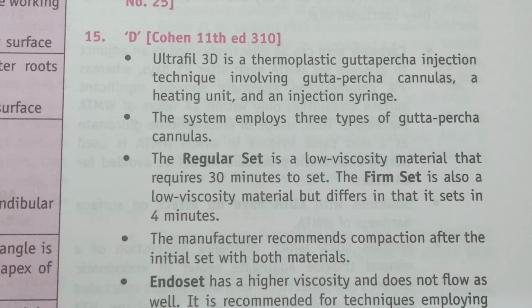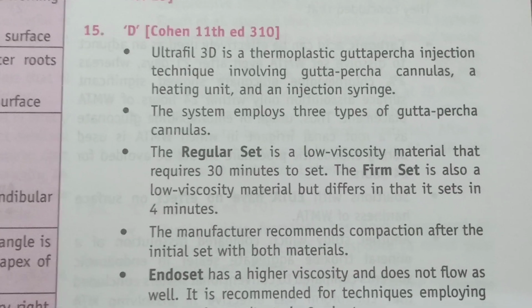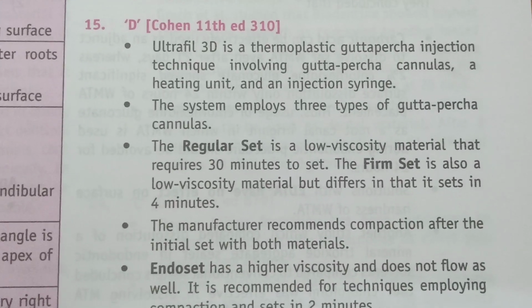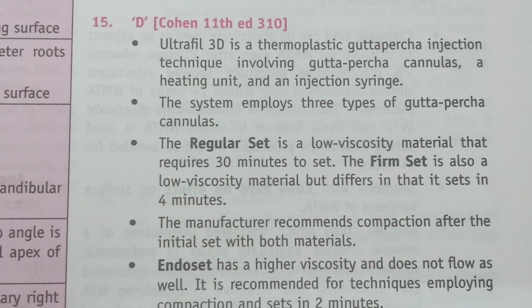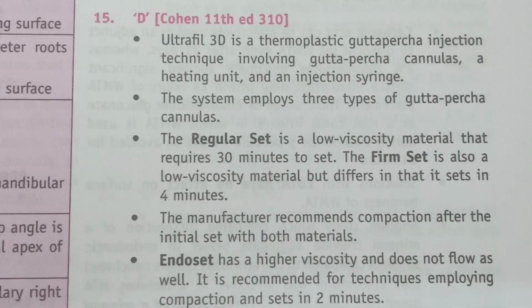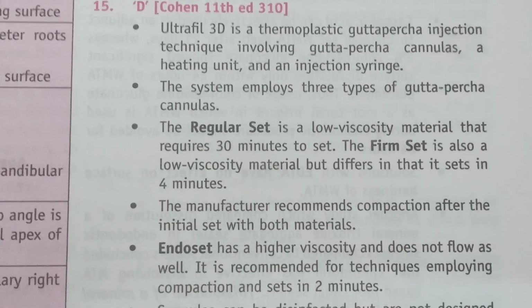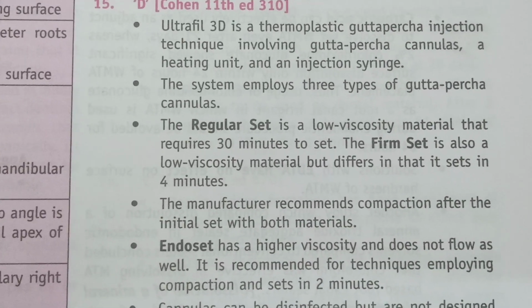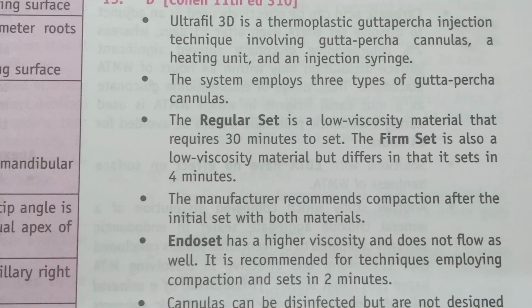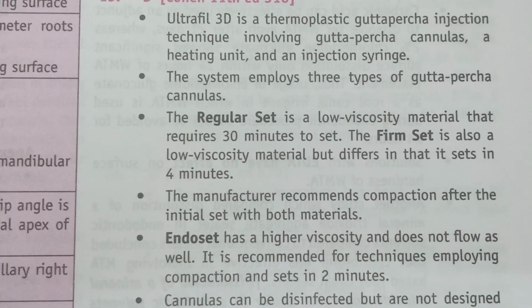Ultrafill 3D is a thermoplastic gutta-percha injection technique involving gutta-percha cannulas, a heating unit, and an injection syringe. The system employs three types of gutta-percha cannulas. The regular set is a low viscosity material that requires 30 minutes to set.